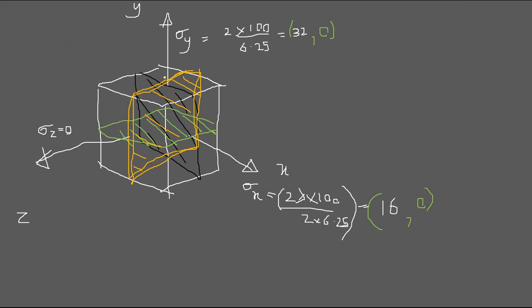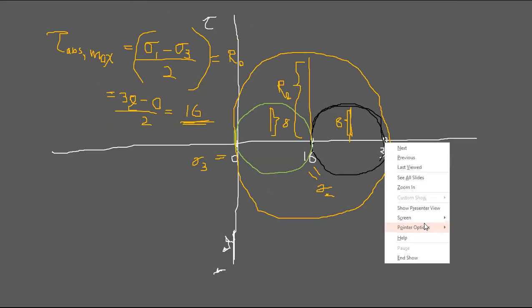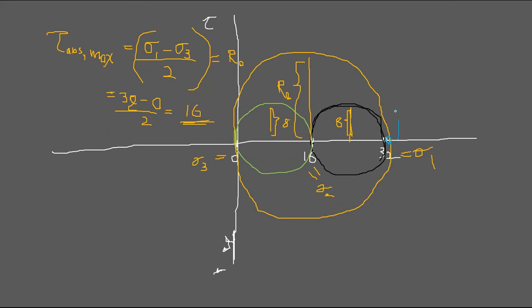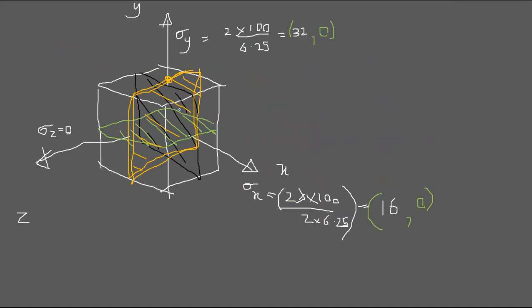So now let's check. If you are on this plane, for y 32, you have to go in the clockwise direction. This angle is exactly 90, because we are in the x plane, x axis. If it is 90, you will have to go half of that in the element.